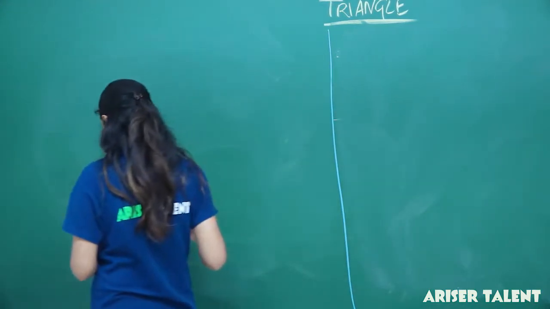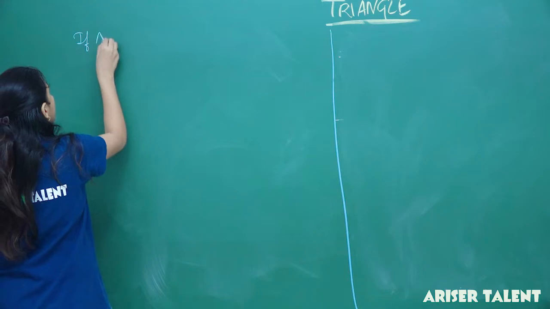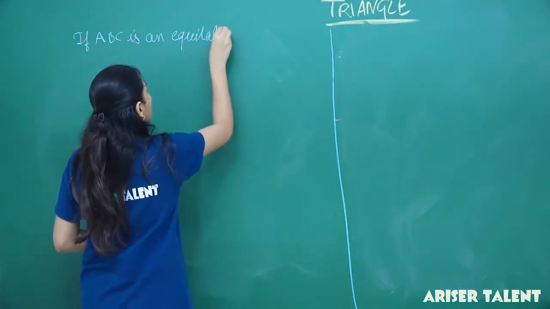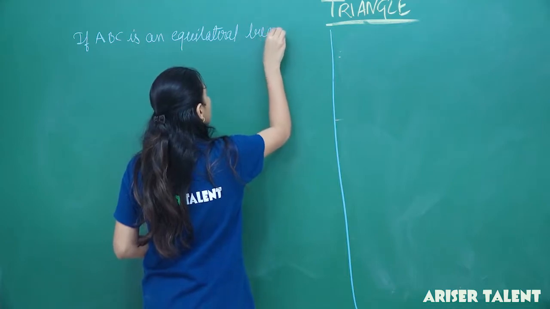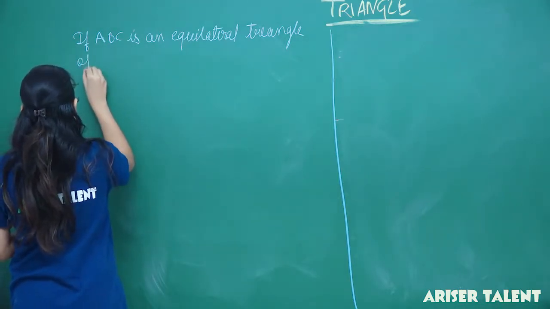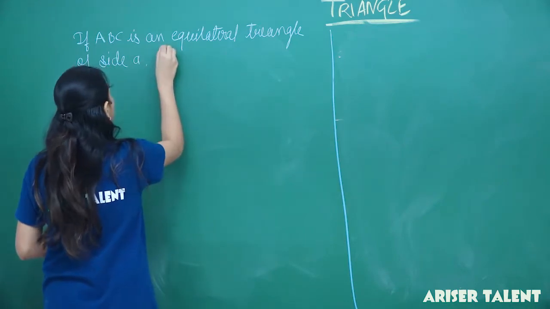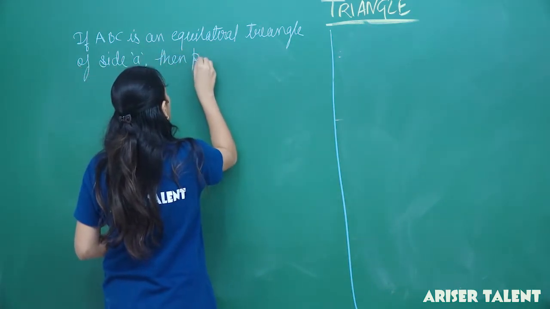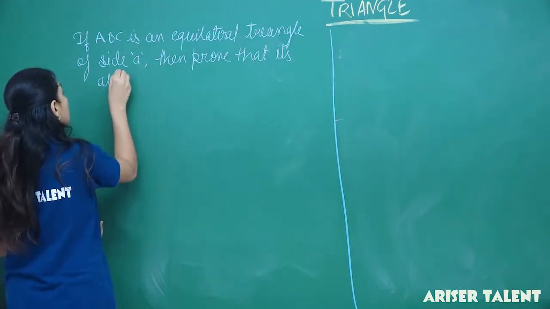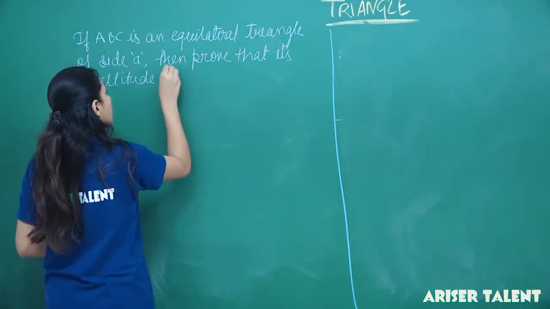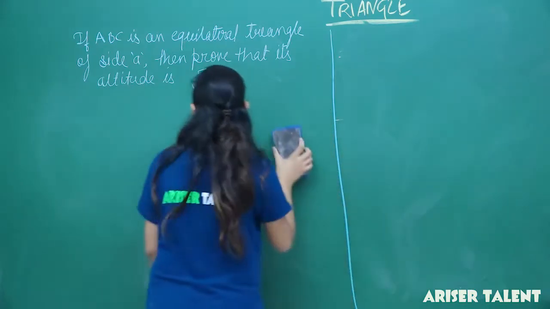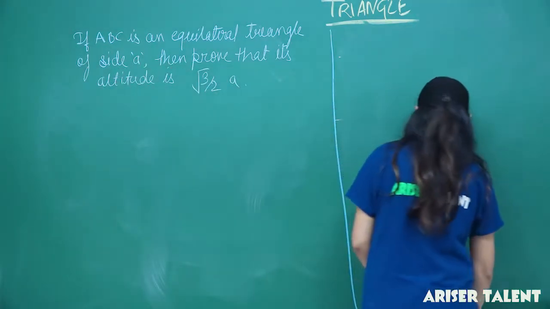So this question is, if ABC is an equilateral triangle of side A, then prove that its altitude is root 3 by 2 A. Okay, students, so this is our question. This is our next question.